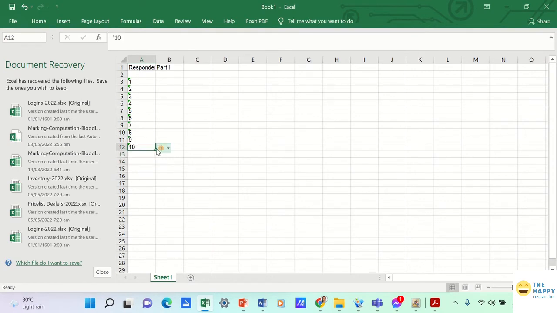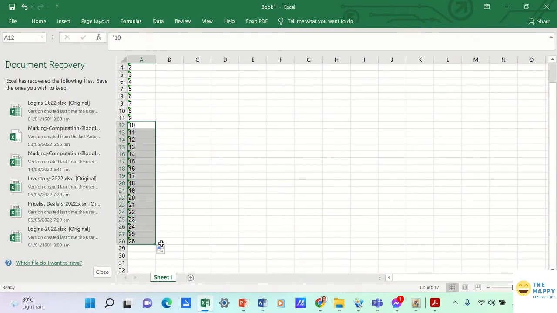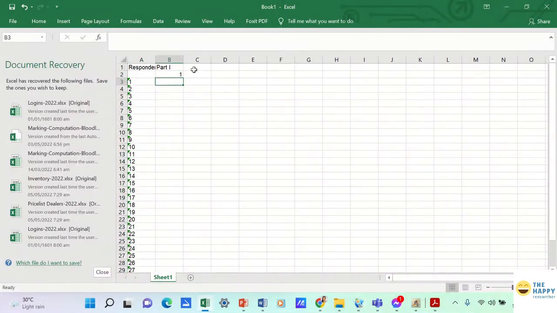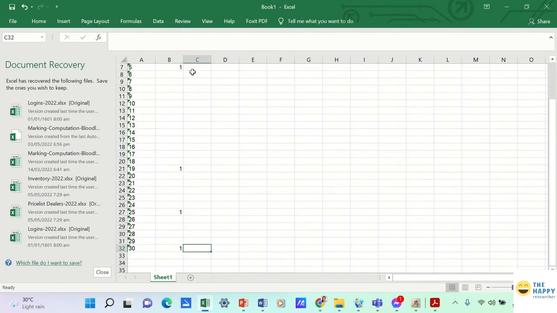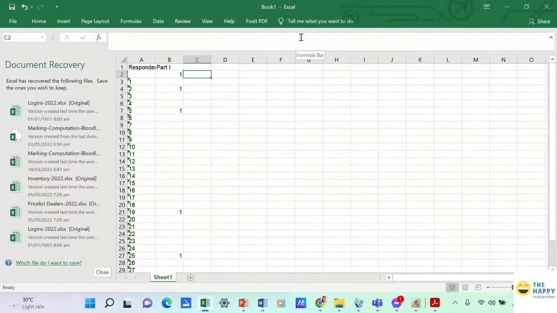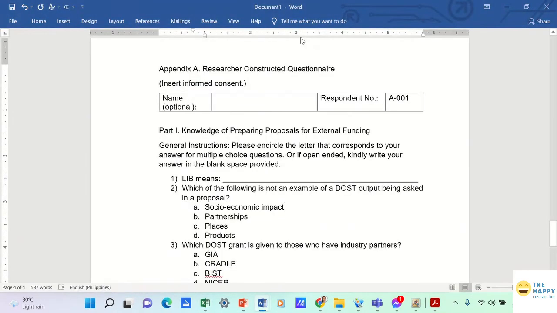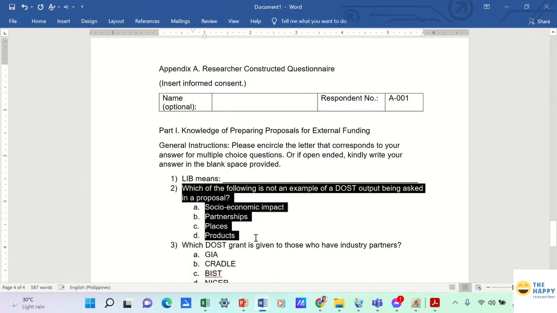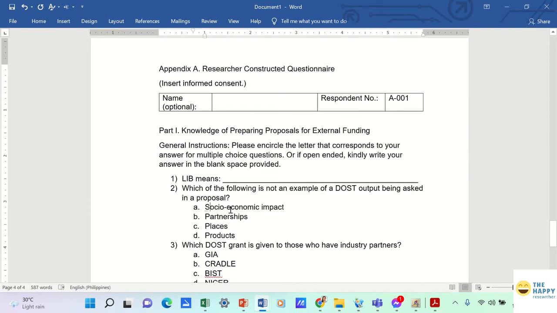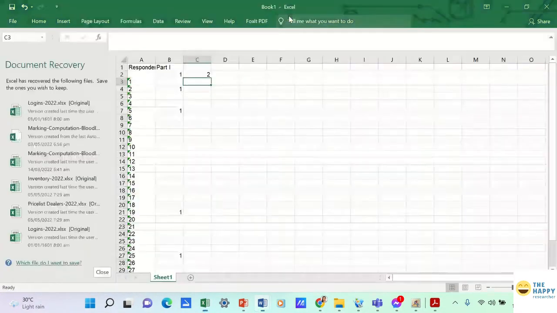Usually the minimum number of respondents for it to be analyzed statistically is 30, but others will use Slovin's formula and other ways of identifying the sound number of respondents for your study. For this part, I'm generating the scores of your respondents.